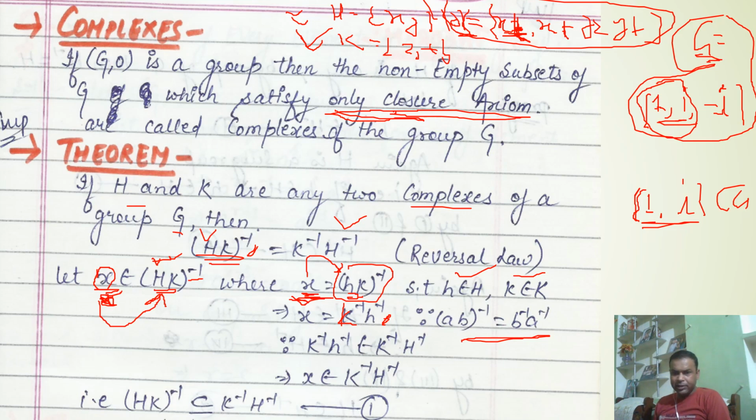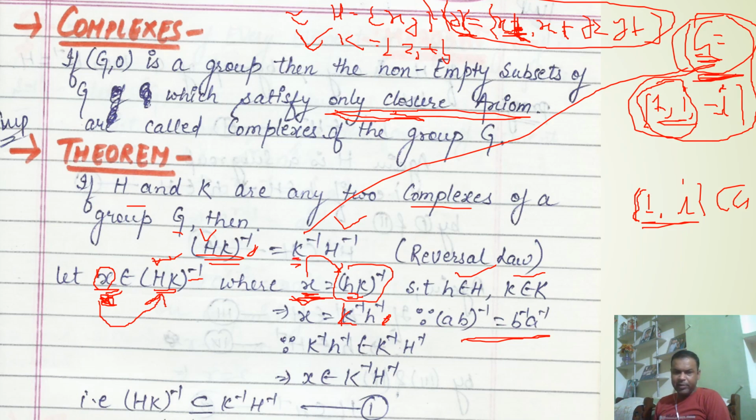It means individually the elements H and K will satisfy the inverse property of G. It means the behavior of the inverse of an element of G will be similar to the behavior of the inverse of an element of K, because K contains the elements of G.